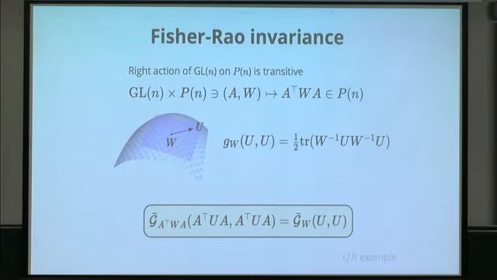And this metric, as I said, has this very nice property that it's invariant under the action of GLN on Pn, on the symmetric positive definite matrices. So that's straightforward to see. I'm not going to do it, but it means it fulfills this condition here. So in addition to this metric upstairs being right invariant, it has additional symmetry qualities.